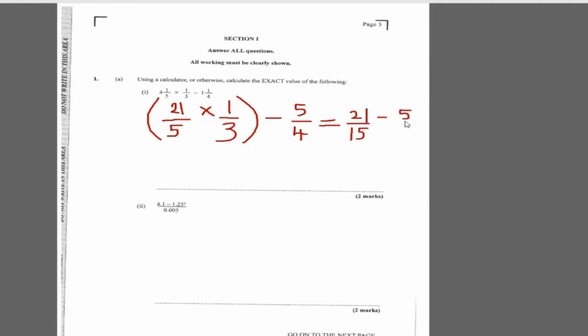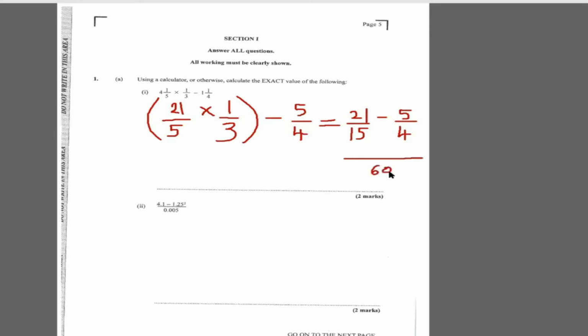So subtracting 5/4, we cannot do that like that, because they have different denominators. So we have to make them have one common denominator by finding the LCM. The LCM is the lowest common multiple between the two, and I would think it's 60.